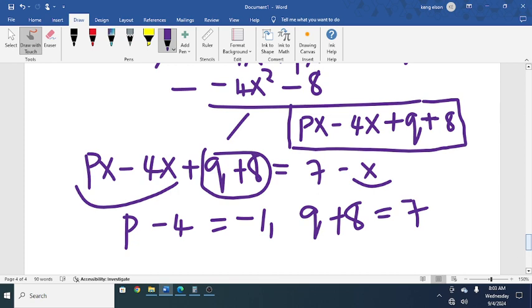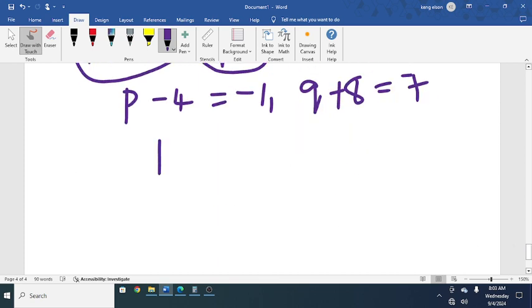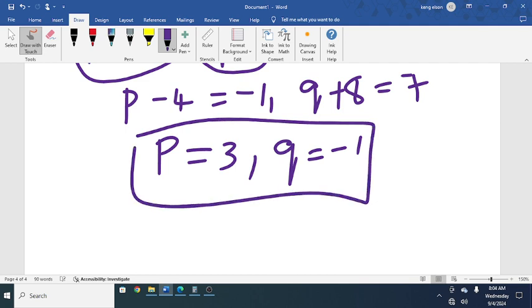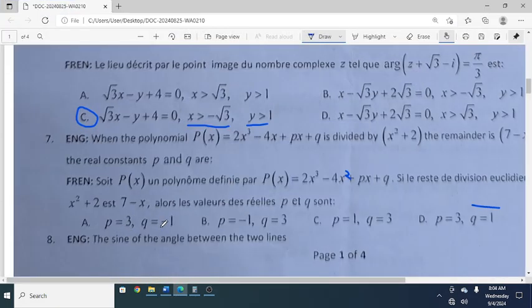With that, we can clearly see that p will be equal to 3, while q will be equal to negative 1. So p equals 3, q equals negative 1. Clearly, option A is correct.